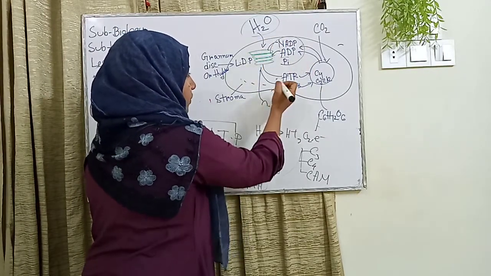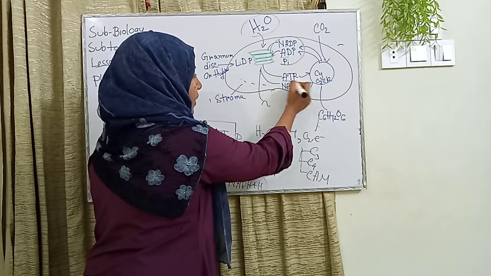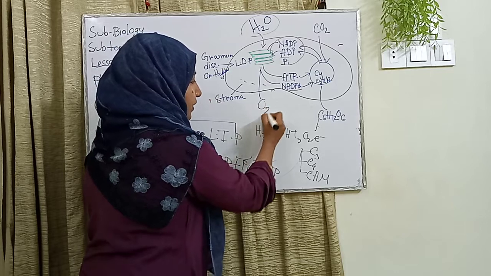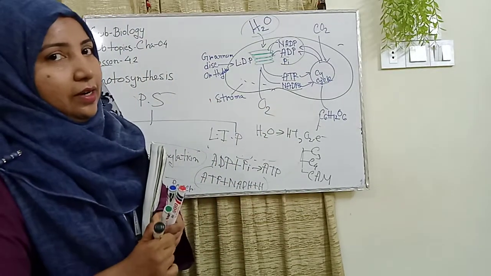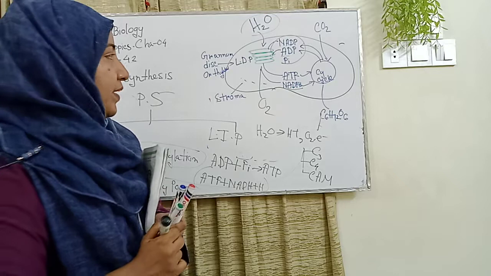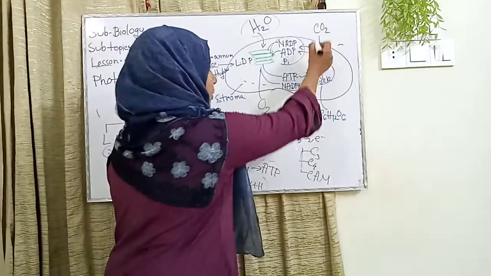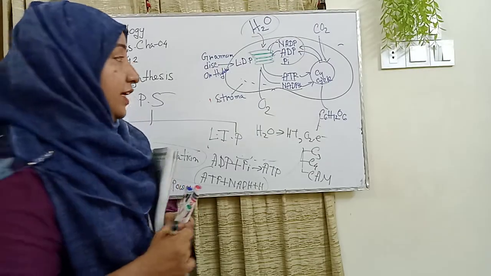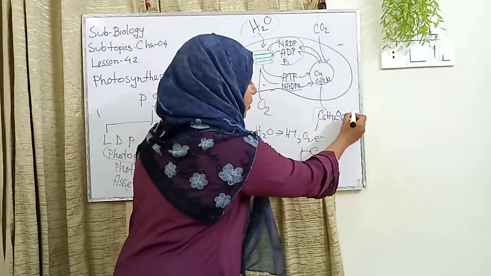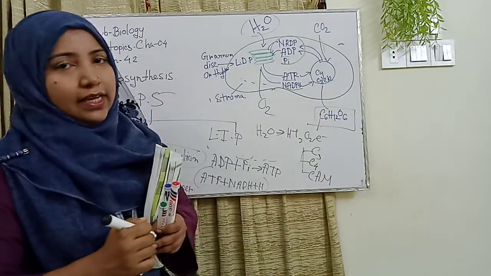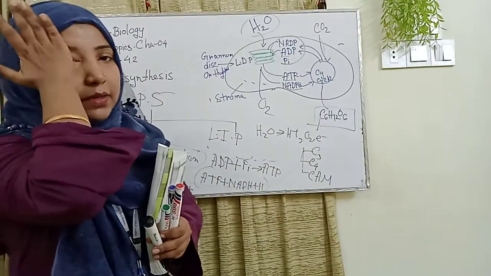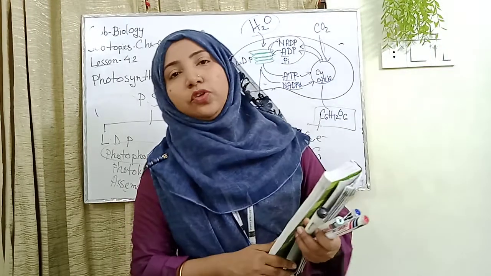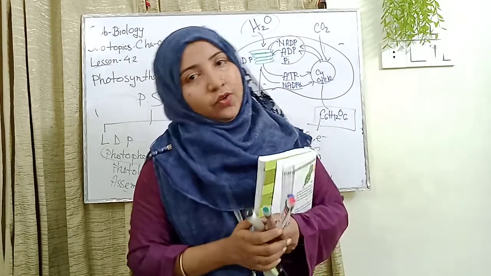When H2O enters, ATP and NADPH are produced and oxygen is released, and this is the main product for humans. In the other cycle, when carbon dioxide enters the stroma, glucose or carbohydrates are produced. Okay. Now I have given you only a brief overview of photosynthesis and its mechanism. Okay, thank you.